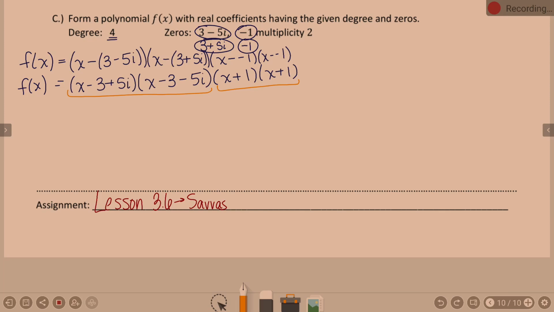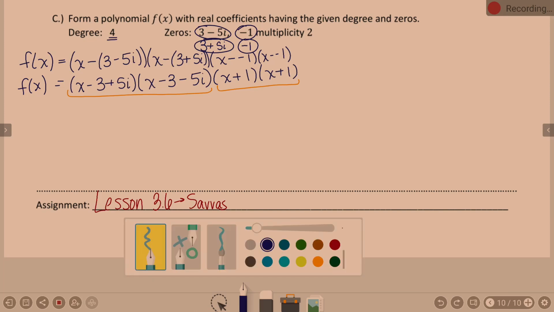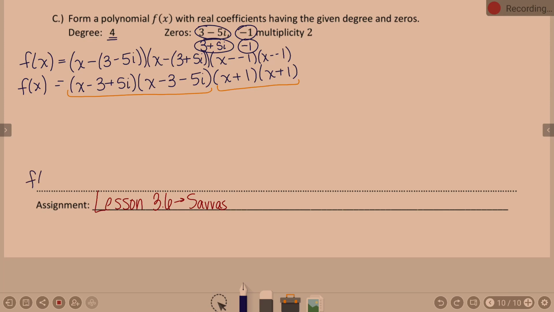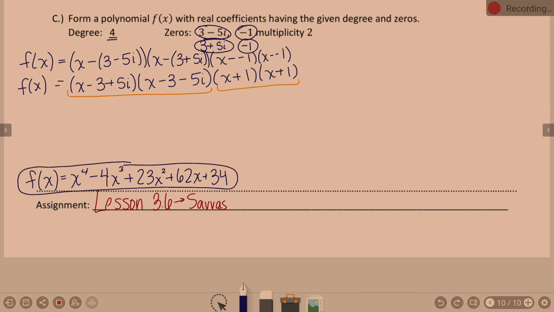I'm going to perform some magic here, and I'm going to tell you the answer is x to the fourth minus 4x cubed plus 23x squared plus 62x plus 34. And that's magic, because I just did that all in my head as I'm holding this piece of paper up in front of me and copying it down for my notes.